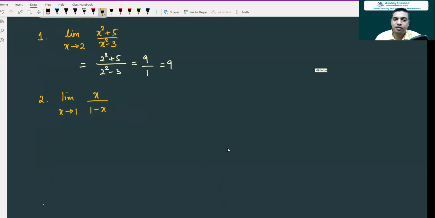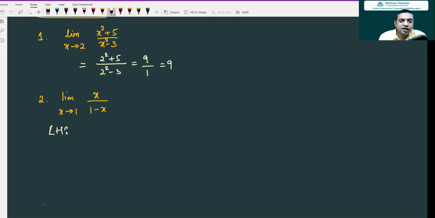What is the right hand limit value? Unmute yourself and share. Both left and right hand values will be equal. If they are equal, the limit exists. See here.